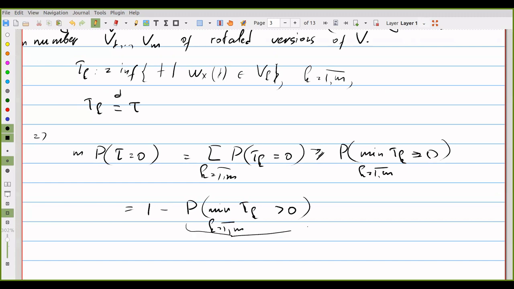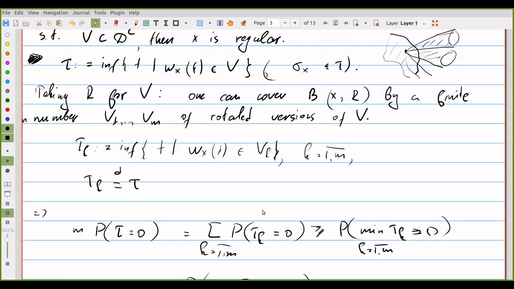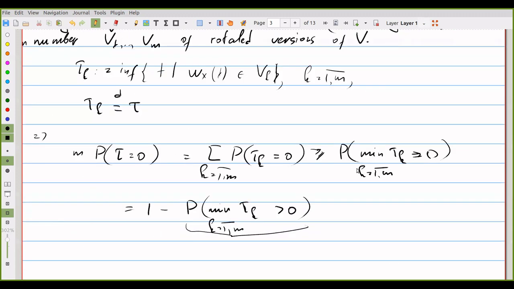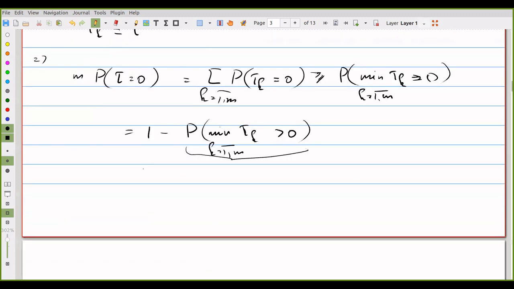But what is this probability? We defined our cones in such a way that the vertex is excluded. This is just a technical assumption, but it allows you to write in this very smooth form. But the minimum of τ_k greater than 0, k from 1 to m, just means that W_x sits at x for positive time.